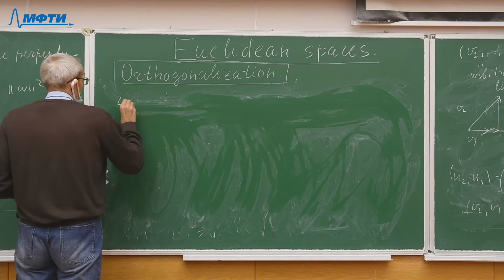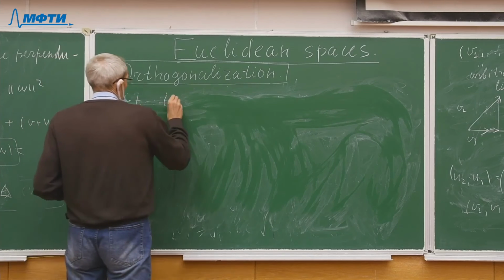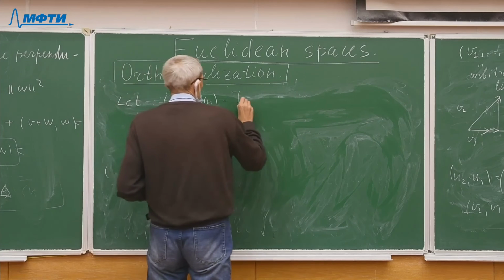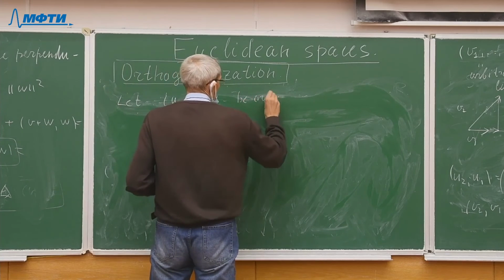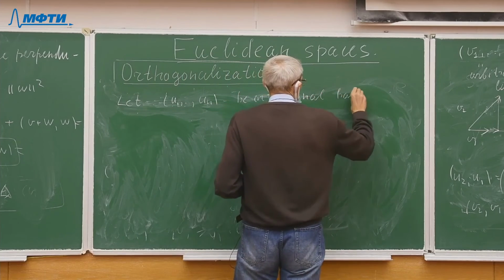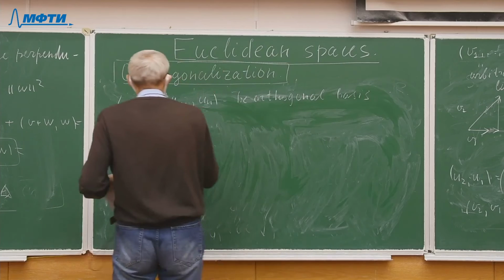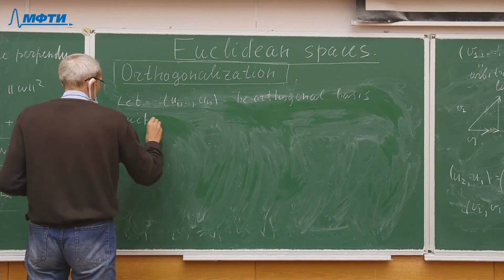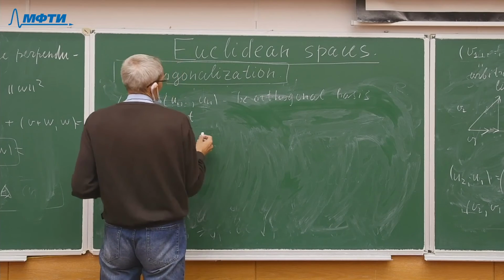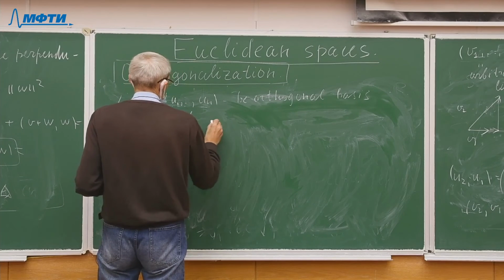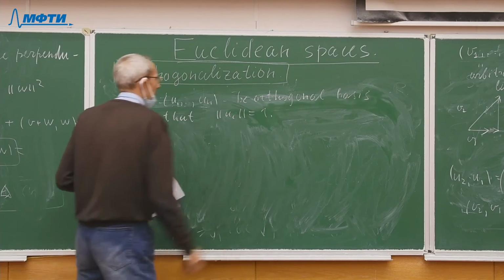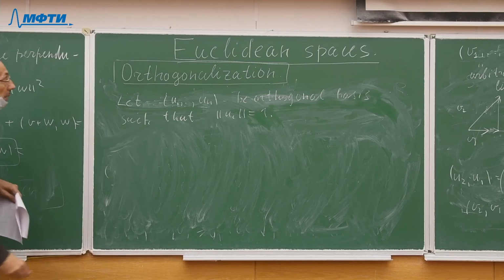Let u1, ..., un be an orthogonal basis such that all vectors of this basis are unit. Such a basis is called an orthonormal basis.